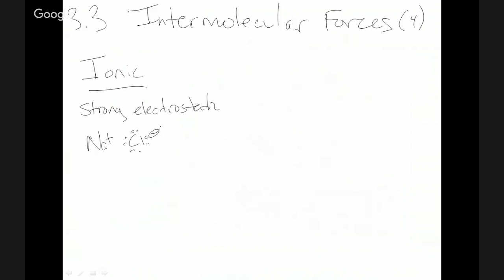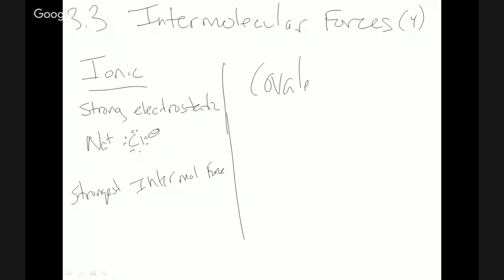There's plenty of these kinds of compounds, and we'll see some of these, but they're not our focus. These are the strongest of these four forces, the strongest intermolecular force. Electrostatics are a very strong force. But if we look at the three covalent ones, this is what we really want to understand more about and focus on.